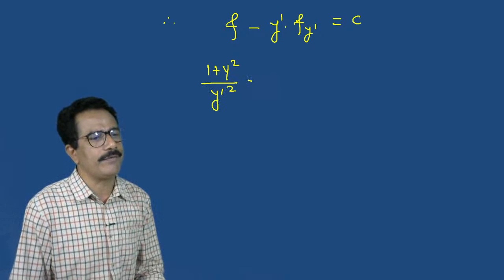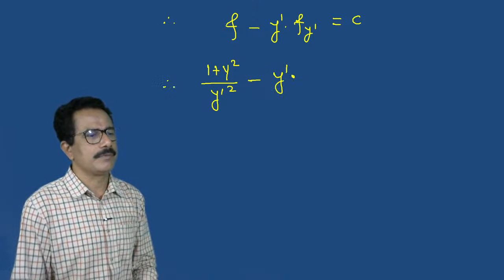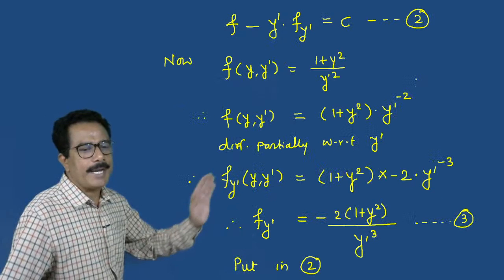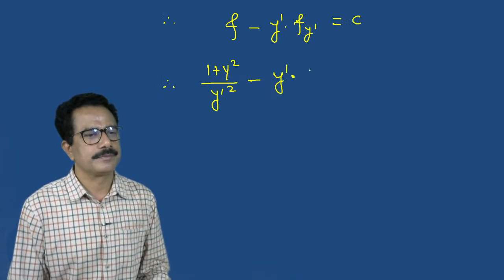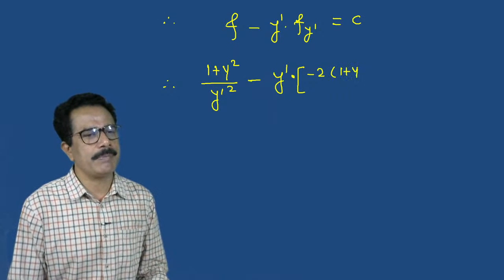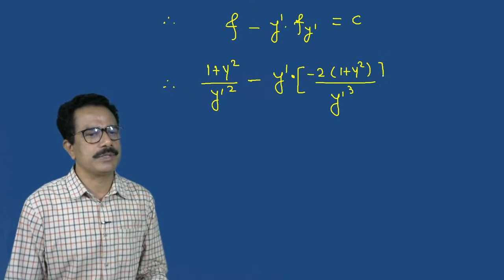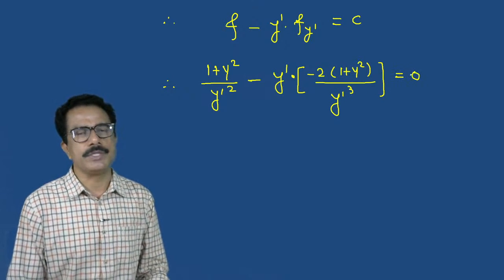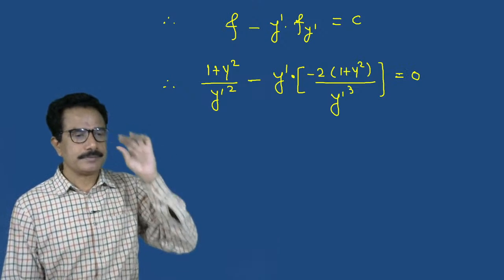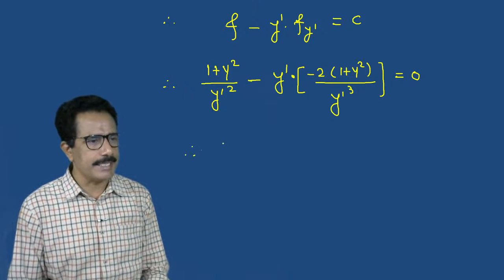This is the value of f, minus y dash into, put this value, y dash into fy dash from 3: -2 into 1 plus y square divided by y dash raised to 3, which is equal to 0. Now this y dash square and y dash cube will be cancelled.